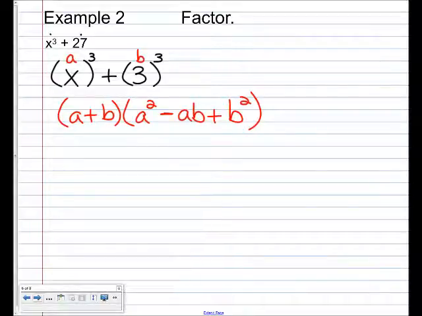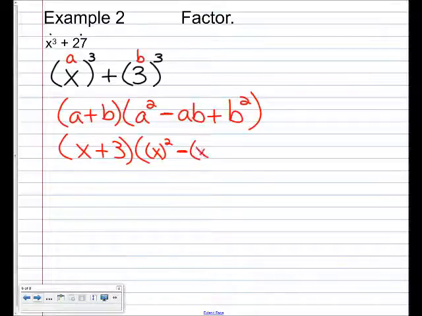I literally just replace where it says a, I'm going to put x, and where it says b, I'm going to put 3, and that will give me my factors for this polynomial. So I'm going to write x plus 3 times x squared minus x times 3 plus 3 squared. I went ahead and put it in parentheses for you so you can see all that stuff.